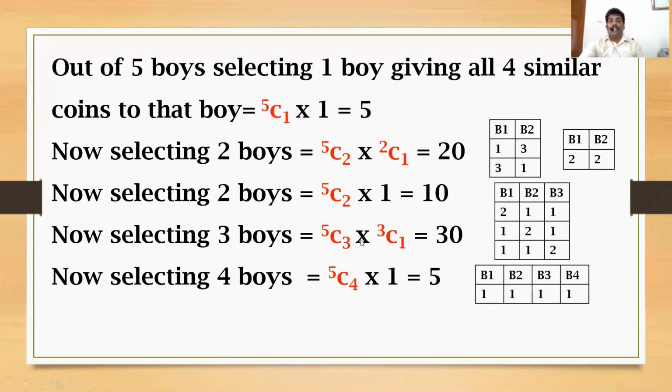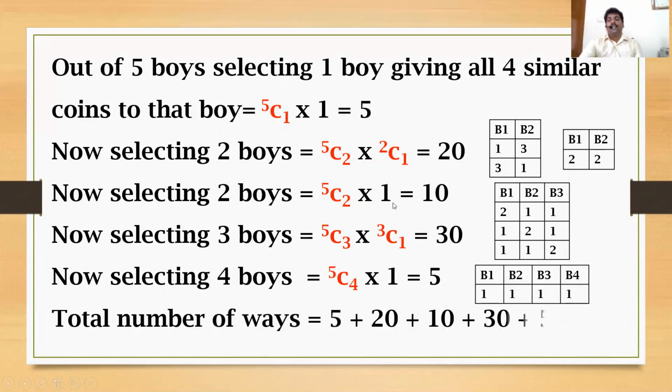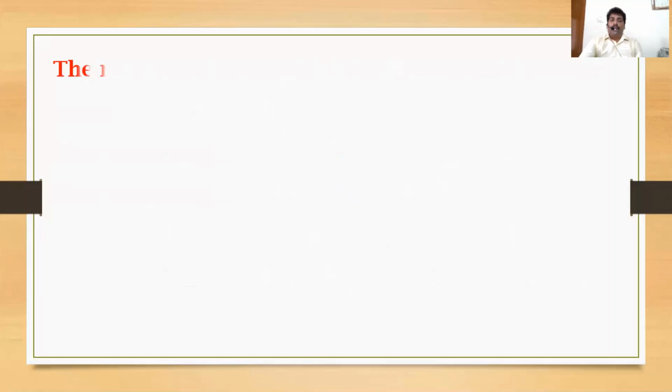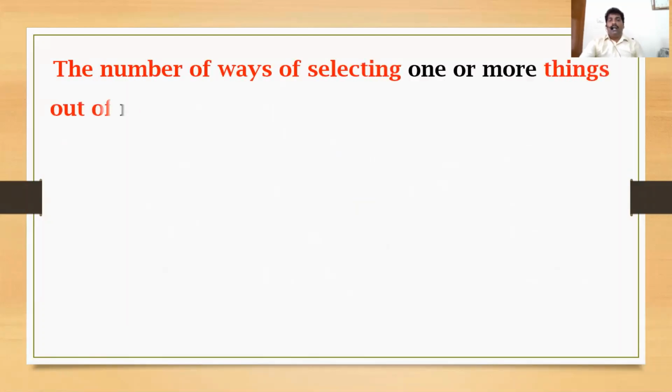So in this way, we can give all the 4 similar coins to 5 boys. So total number of ways, adding all these, you'll get 20 plus 10 plus 30 plus 5 plus this 5, total 70.